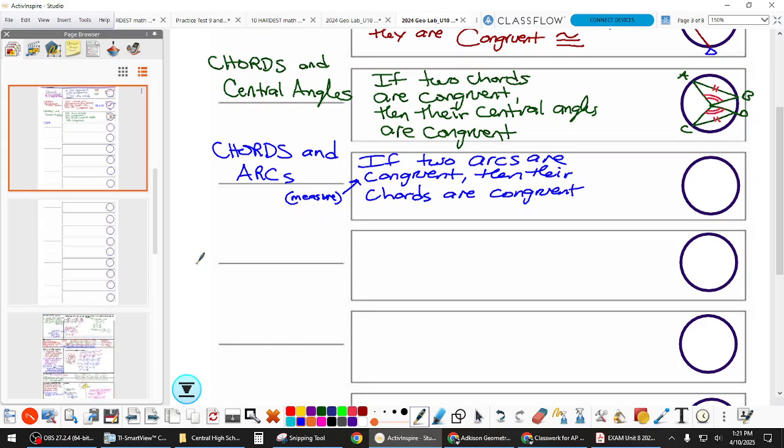But is it just arc measure? Here's what I mean. Let's say I define some arc. Don't put this on your picture, I'm just talking through it with you. And then of course it makes a chord. Isn't the length of that arc dependent on the central angle, theta over 360?